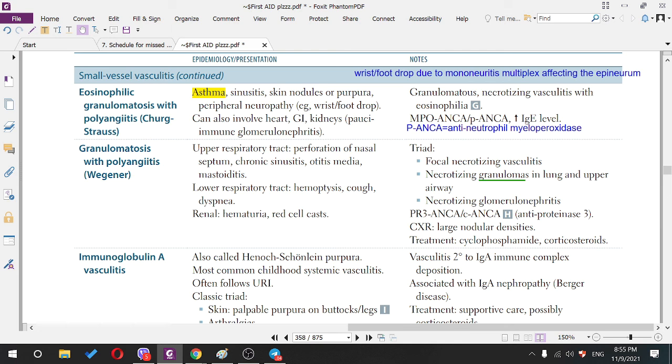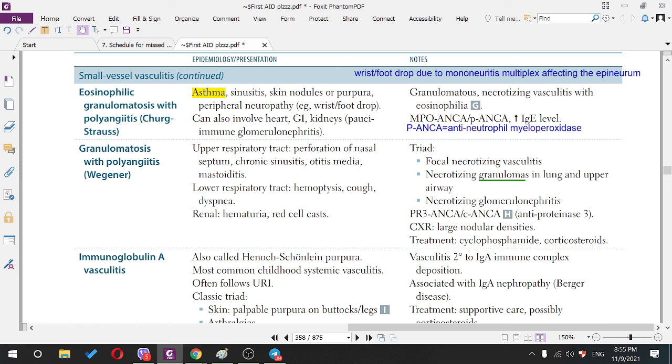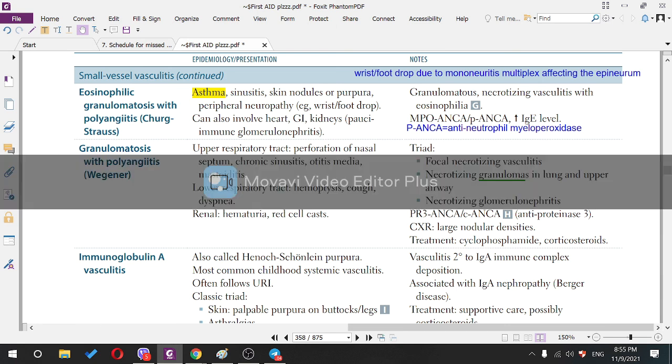So, patients with Churg-Strauss will have this neuronal problem, asthma, and we said problems with the heart, GI, kidneys. But the kidneys, we said, will be pauci-immune glomerulonephritis, which we'll speak about more in renal. So, granulomatosis with eosinophilia, okay, so they will have eosinophilia.